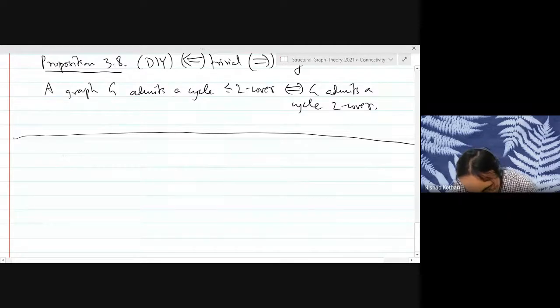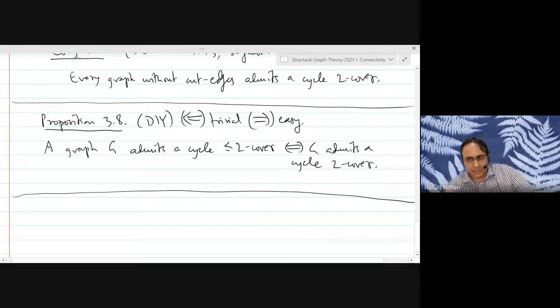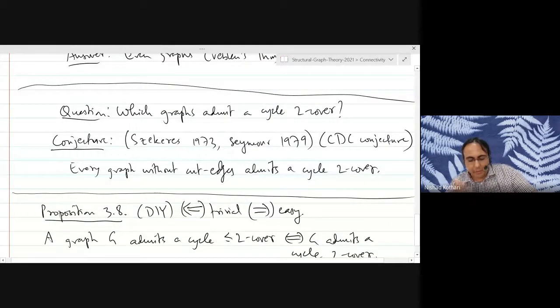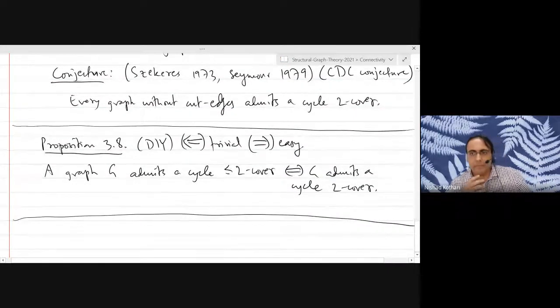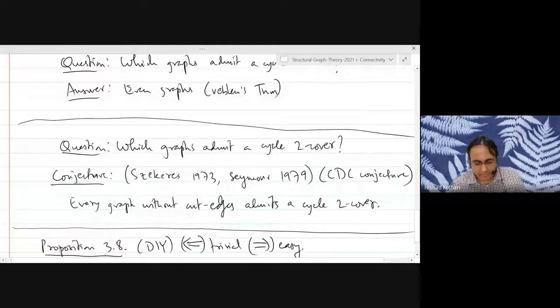So finally, I just want to say that if you want to prove the cycle double cover conjecture, it is quite clear that you don't need to consider all graphs, right? You can look at just connected graphs. If you prove it for connected graphs, then you prove it for all graphs. That's quite clear. Are there any questions or concerns regarding this conjecture?